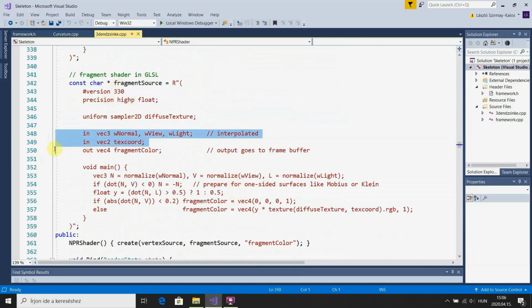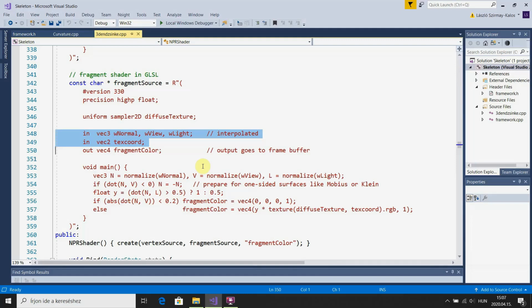So in the fragment shader, as in the case of the Phong shader, we get the interpolated normal, view, or illumination directions, and we compute a quantized diffuse reflection formula to simulate that a painter doesn't have infinitely many different colors, so he has to choose from a finite number of colors.